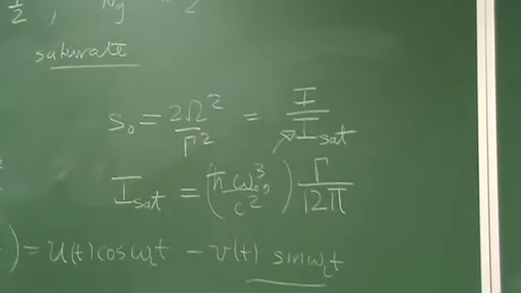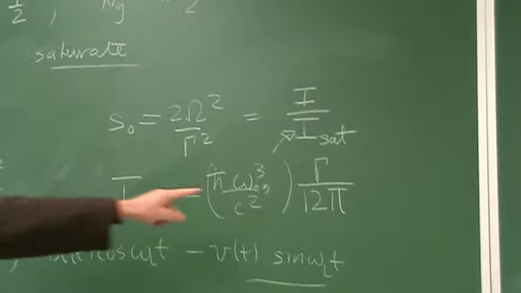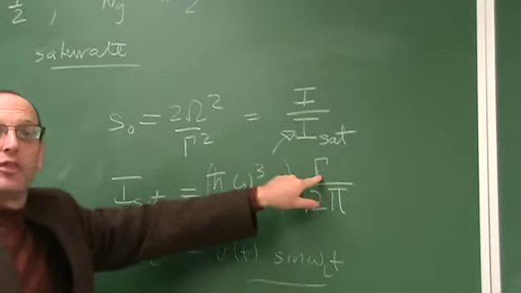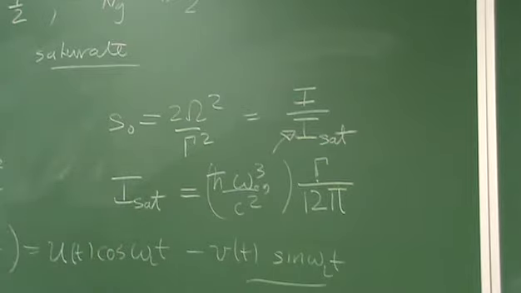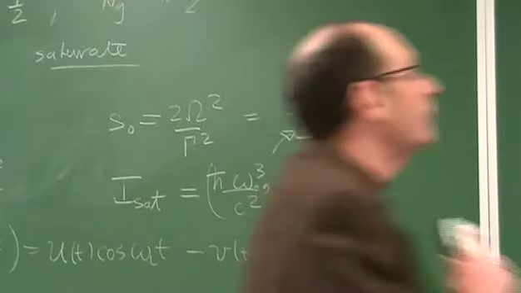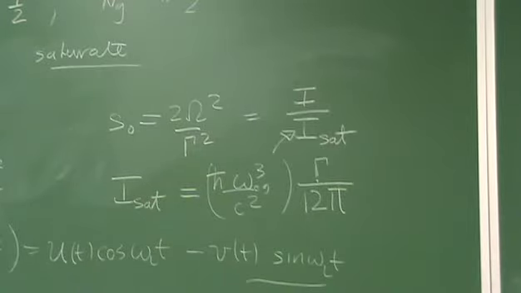So it depends on the oscillator strength through gamma, and it depends on the frequency here. All right? So let's look a little bit more carefully now at what happens in the context of saturating this transition.